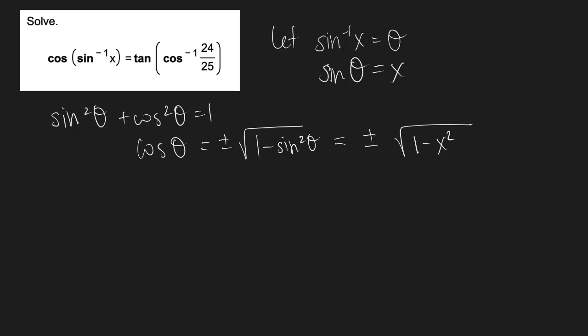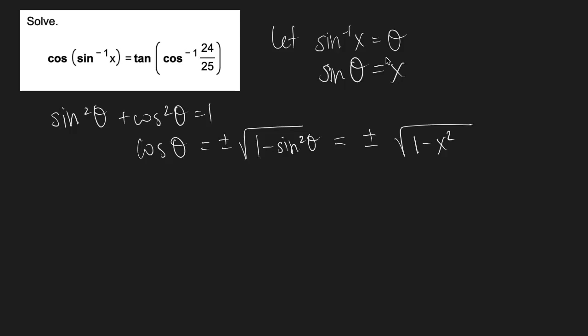And also, because up here, inverse sine of x equals theta, then it follows that theta has to be between negative pi over 2 and pi over 2. And that's just what we know about the inverse sine function.